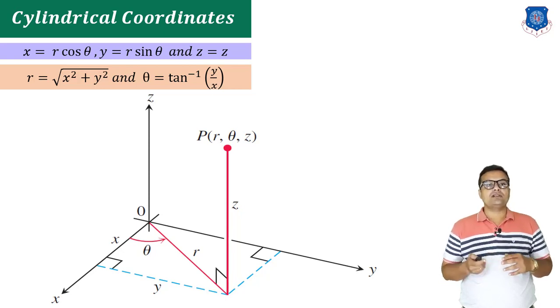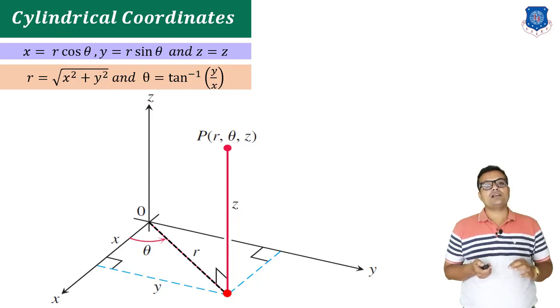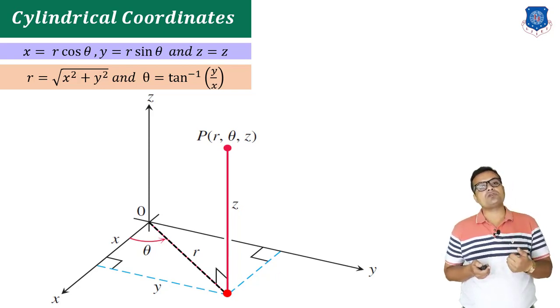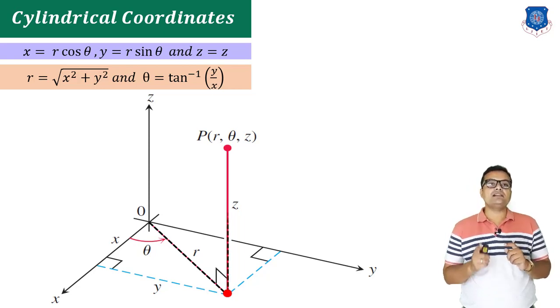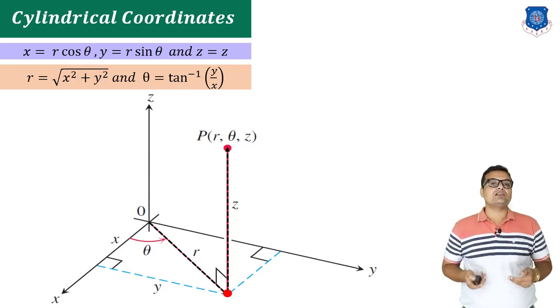So ultimately what will happen? If I consider this point which is at the origin, denoted by the orange dot, and if I transform it to the radius r, this will be my first transition. So the point is now moved from the origin to a particular point in the xy plane, which is nothing but the projection of our final point P. And then I take it vertically upward, in the positive z axis direction, a transformation from that projection to the original point, and it is moving like this.